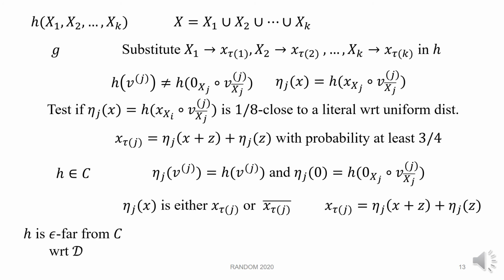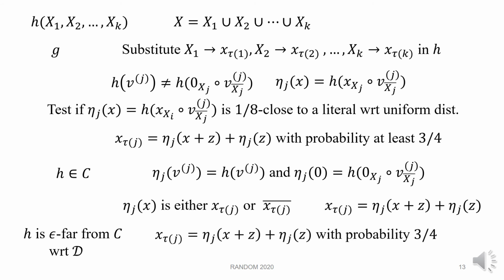Now for any other function h, the tester either rejects when it tests that eta_j is 1/8 close to a literal with respect to uniform distribution, or if it is 1/8 close to a literal, then it is easy to see that the self-corrector, for a random uniform z, returns the value of the variable with probability at least 3/4.